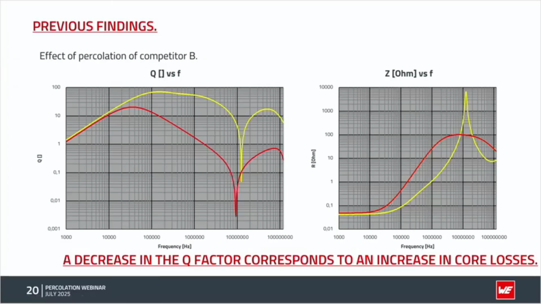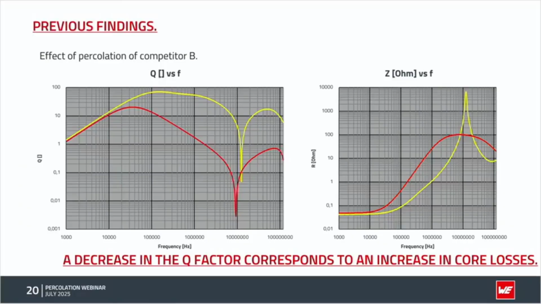Why were we not able to find it in AEC-Q results? Because normally competitors and we, like 20, 30 years ago, only did the measurement around 100 kilohertz. And at 100 kilohertz, you cannot see changes of the Q value, in this case the L value as well, and the series resistance, because that is the one that we measure, like the resistance of the wire, and the wire has no change, has no role with the percolation.